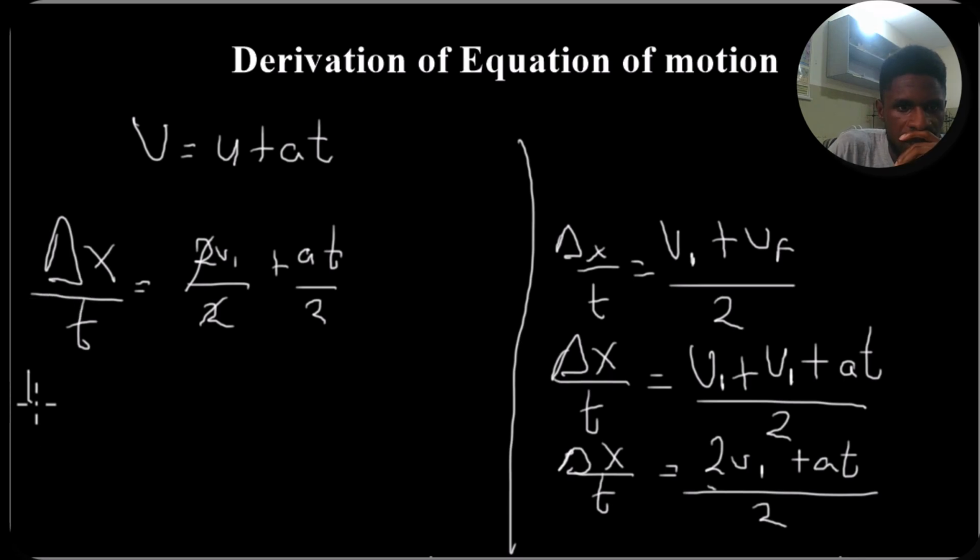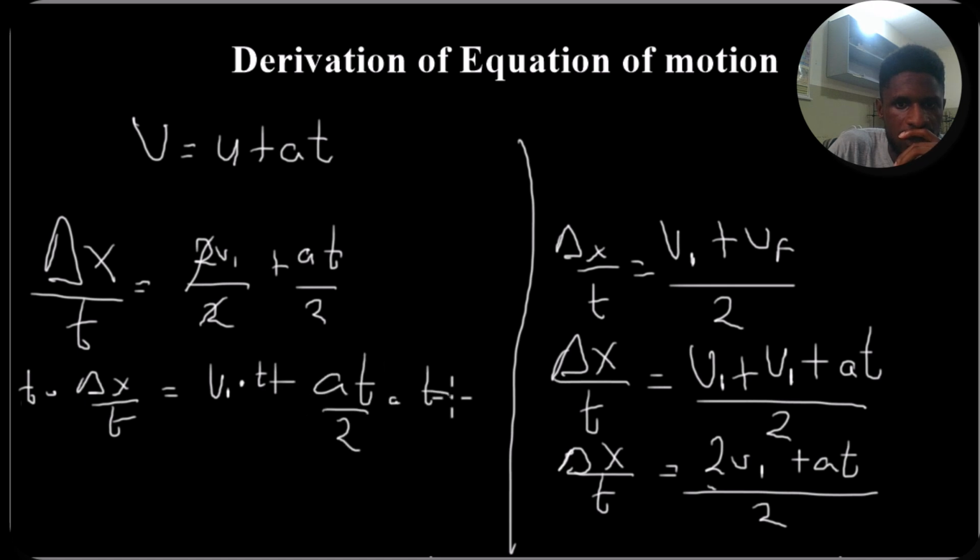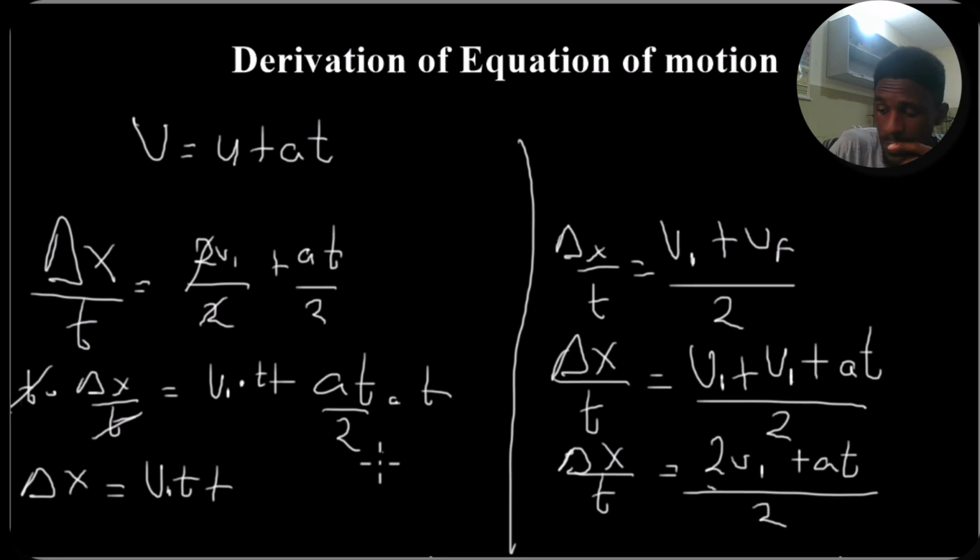So that means t times delta x over t must be equal to v1 times t plus at over 2 times t. And finally, t here cancels out this t, so I'm left with delta x equal to v1t plus t times t, that's t squared, and then I can bring out my 1 over 2 forward, so 1 over 2 a t squared.